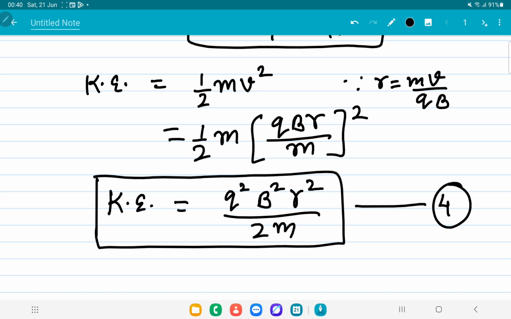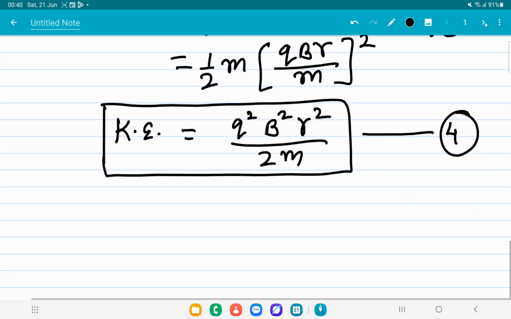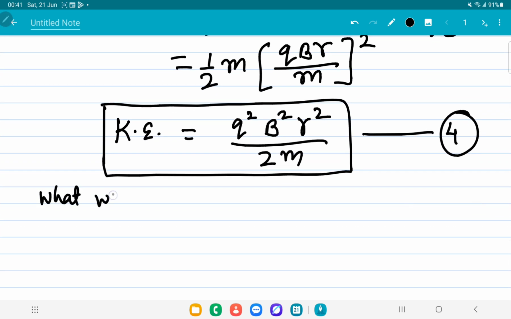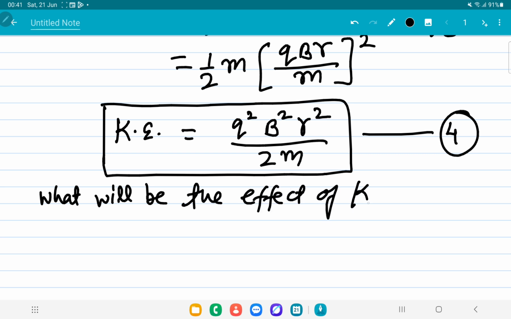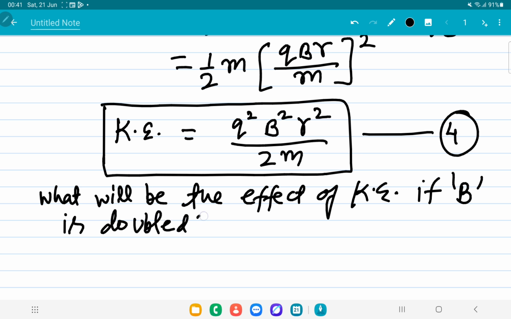Now this equation is at times misleading, because if I ask you what would be the effect on the kinetic energy of the charged particle if the magnetic field, which is B, is doubled, the expression is generally seen by students like that kinetic energy is directly proportional to B square.